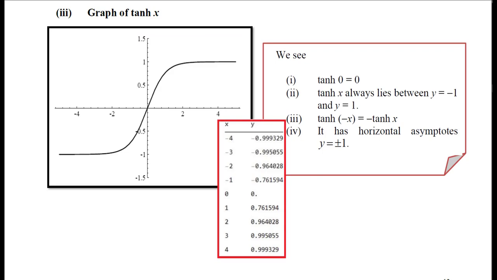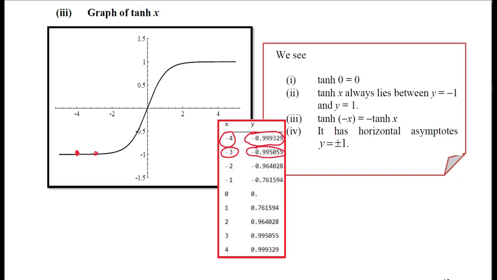Now we want to plot the graph of hyperbolic tangent x. Let us see, if x equal to negative 4, y approaches negative 1, so the point is here. If x equal to negative 3, we get negative 0.995.